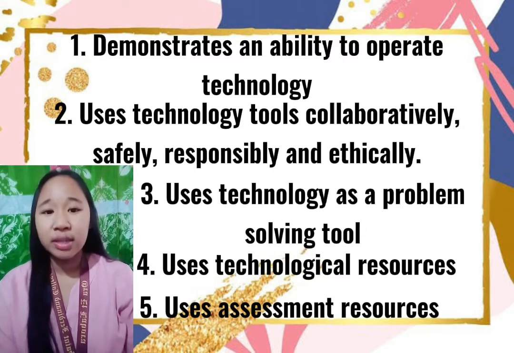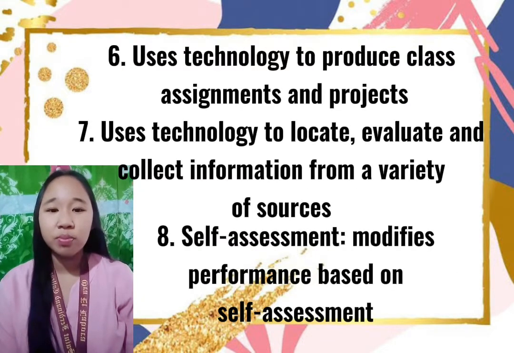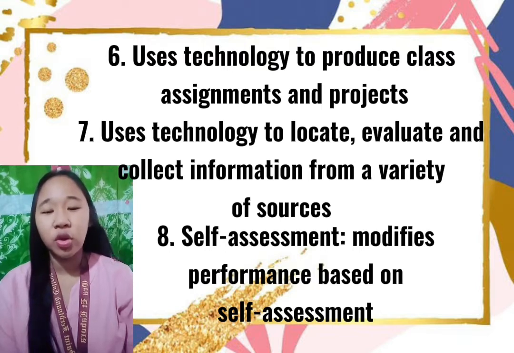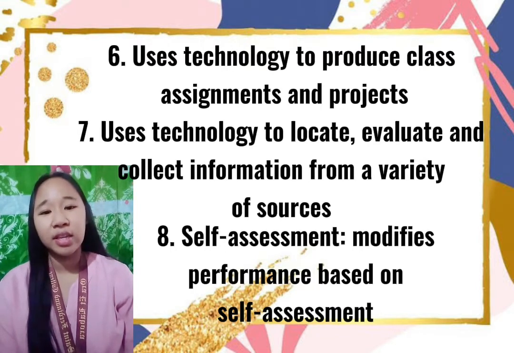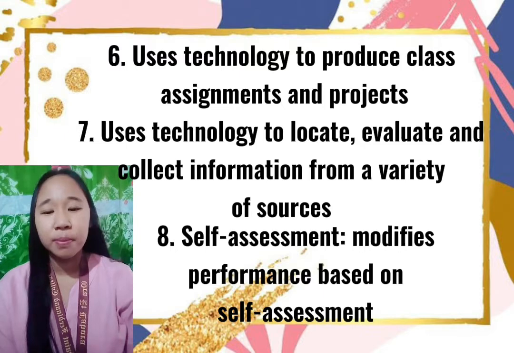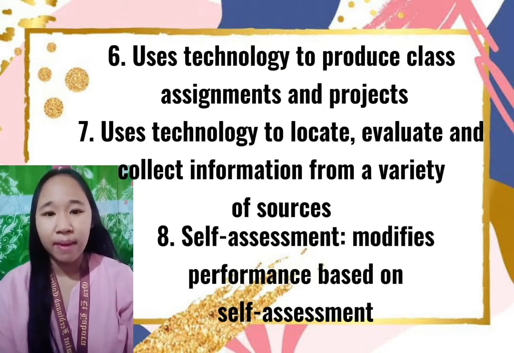Fourth, uses technological resources. Fifth, uses assessment resources. Sixth, uses technology to produce class assignments and projects. Seventh, uses technology to locate, evaluate, and collect information from a variety of sources. And lastly, the self-assessment: it modifies performance based on assessments. And that is how scoring rubrics are used and determined.